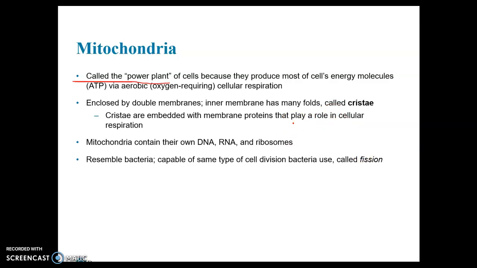Mitochondria do require oxygen and usually glucose or a substitute that they can break down. Mitochondria are enclosed by double membranes, and the inner membrane is folded, and we call those folds cristae. The mitochondria contain their own DNA, RNA, and ribosomes. They resemble bacteria.